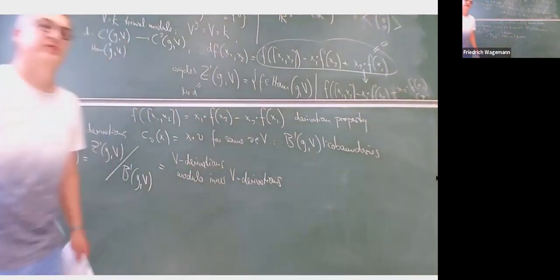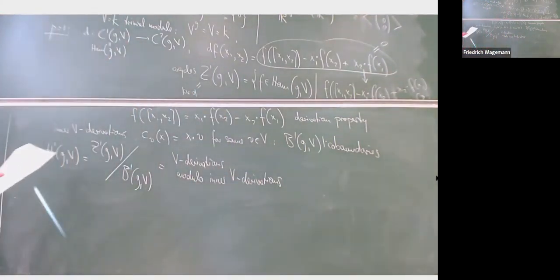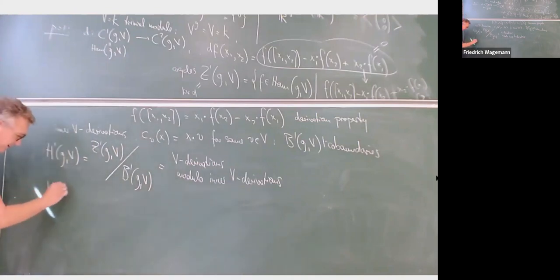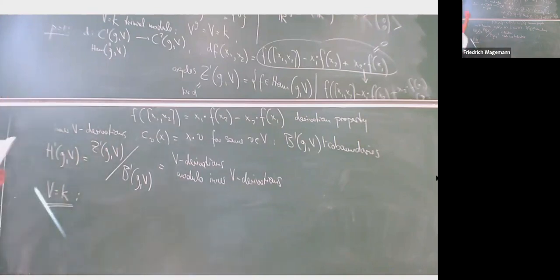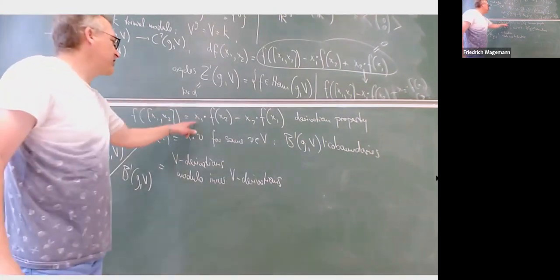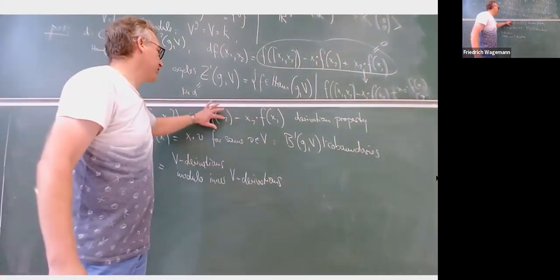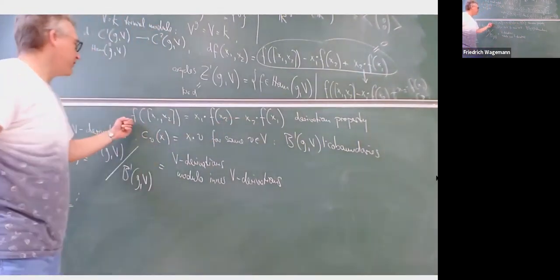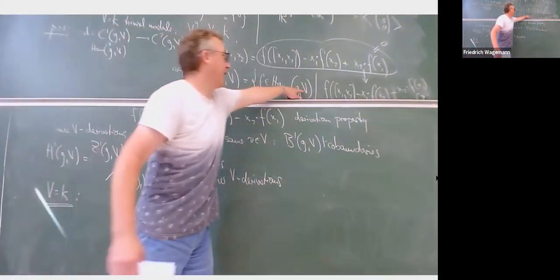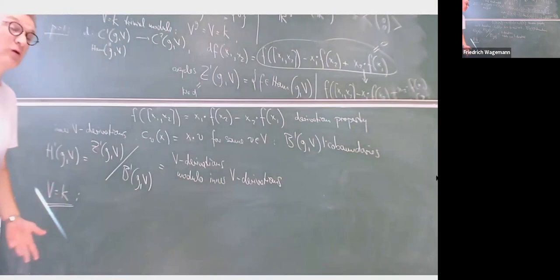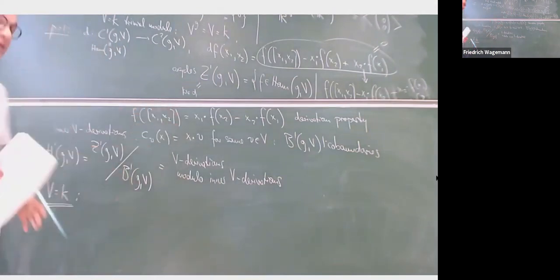So this is still kind of abstract, but for example, for V equal to K, what does this give for the trivial module? These actions here are trivial, so this is 0 and this is 0. So this is just the maps from g to K, so the maps in the dual of g, which vanish on the bracket.